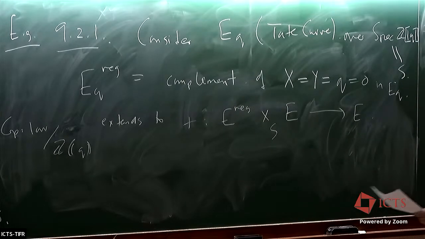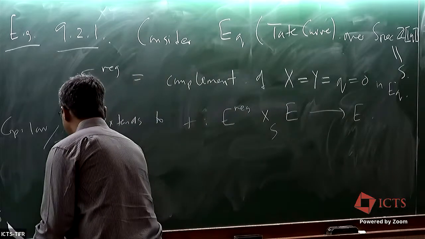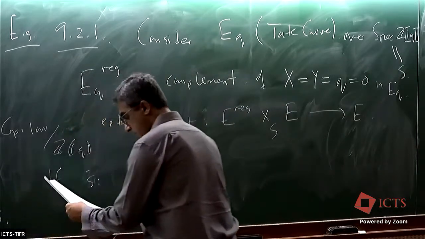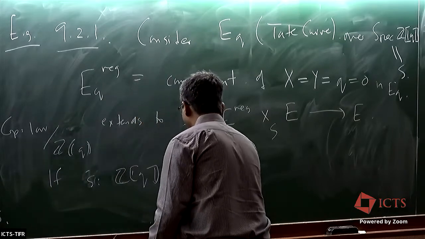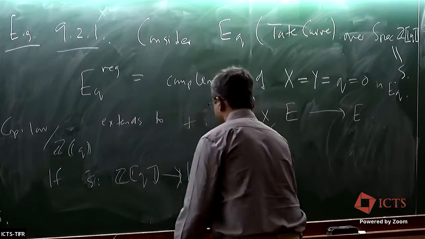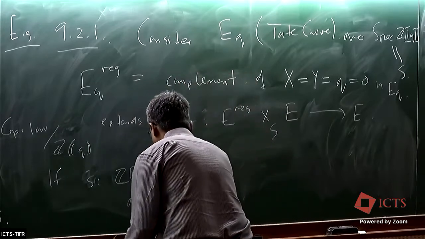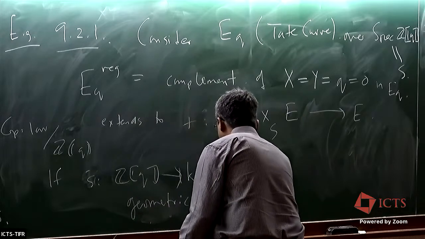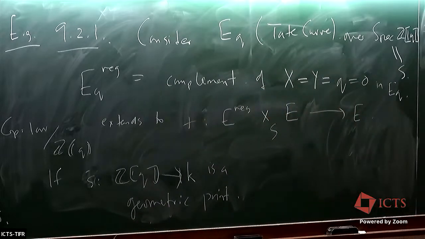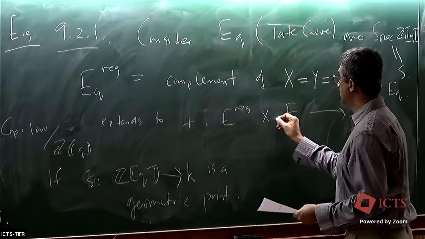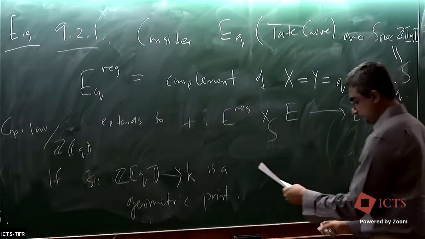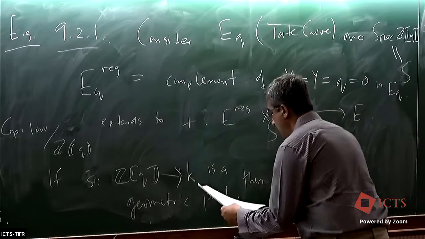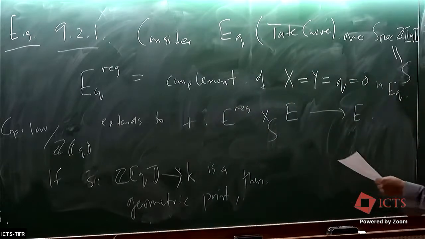And moreover, if little s is a geometric point, a point with values in an algebraically closed field, then what do you get? You in fact do get either a Néron n-gon, or we just saw that, or an elliptic curve.